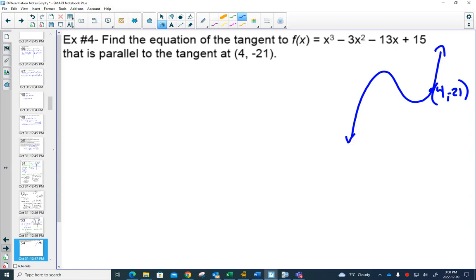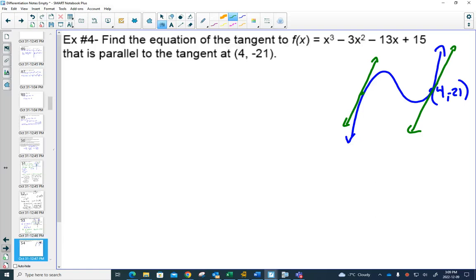Somewhere on the graph we have 4, negative 21. And we have a tangent. But it's also saying that somewhere else there's another one that's parallel to it. Okay, that's a little crazy. But drawing the picture can help you understand what the question is asking.